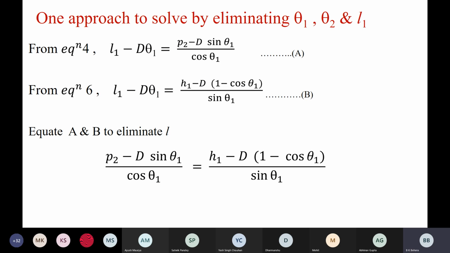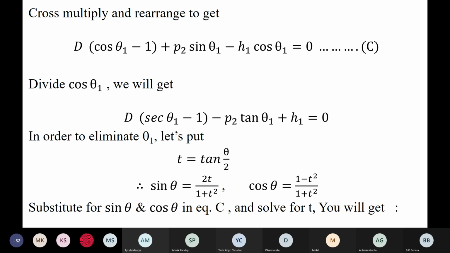Let's give it the name B. Equate A and B to eliminate L. Simple. Now we are in a position to eliminate L.